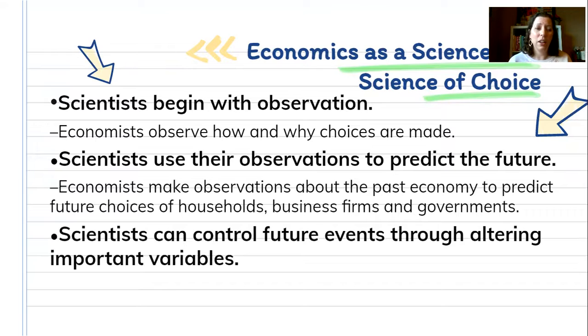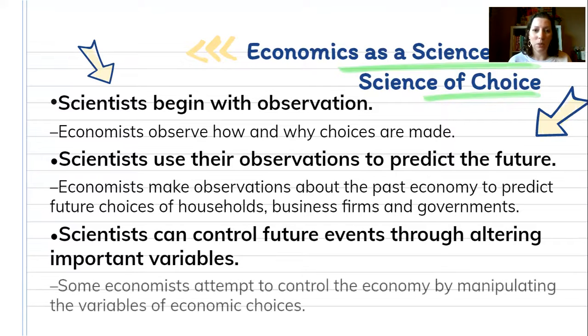And then they can attempt to control future events through altering those different variables. They might manipulate a certain aspect of things like the amount of goods offered or the price they're offered at in order to help the economy do what they're hoping it will do. So that's a little bit about how economics is a science.